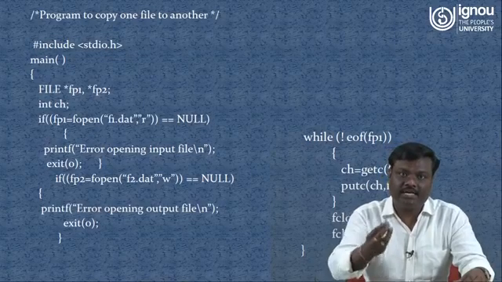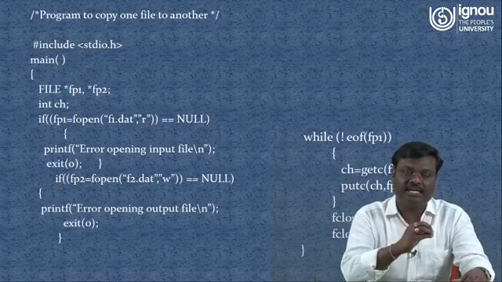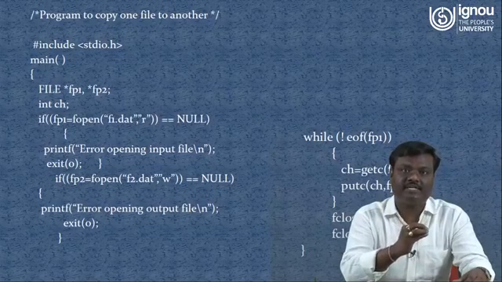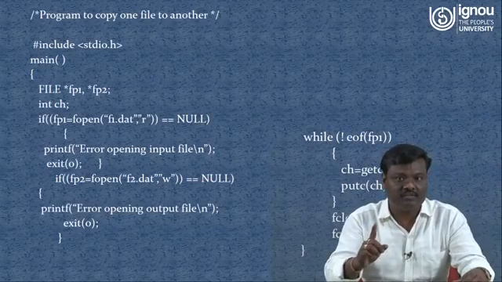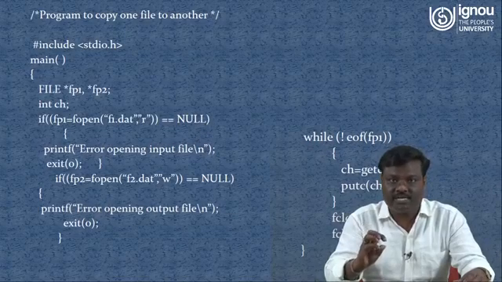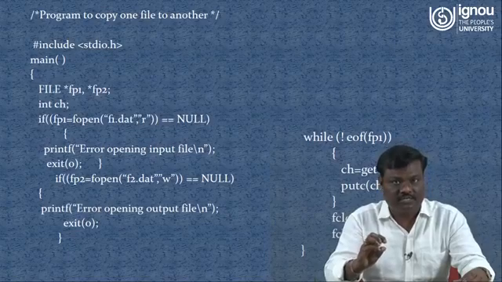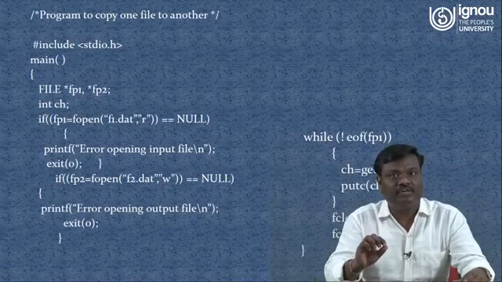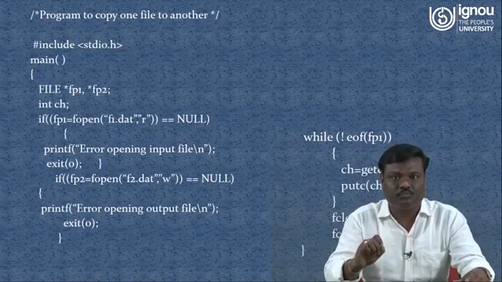Please concentrate on the while statement: while ch is equal to getc from file 1, we capture character by character, and the next function writes the same character fetched from file 1 into file 2.